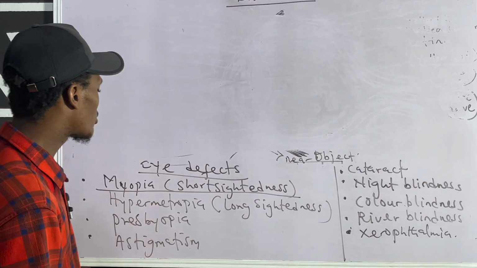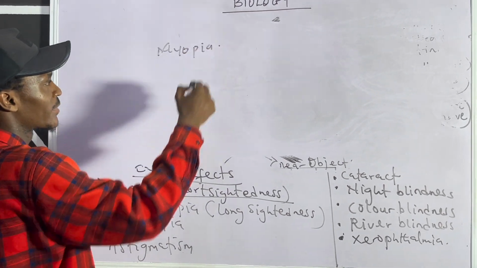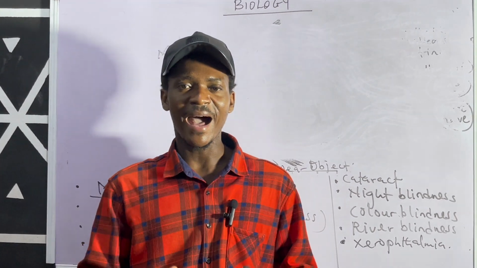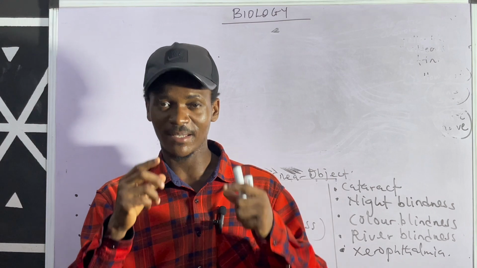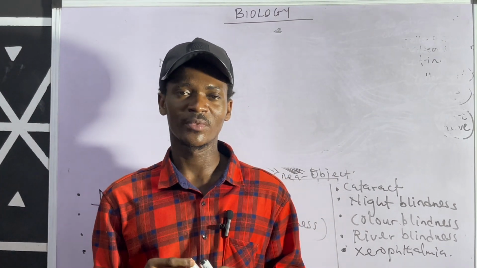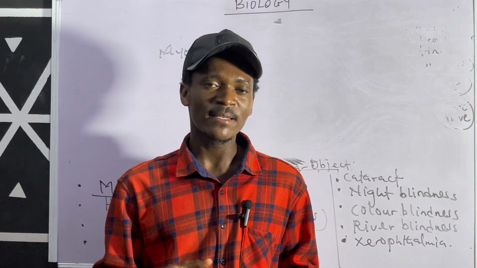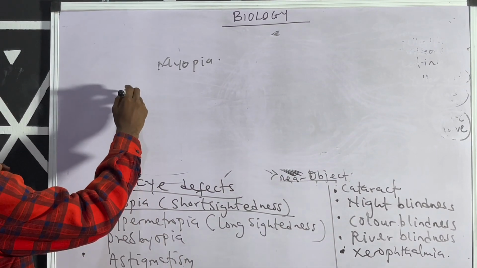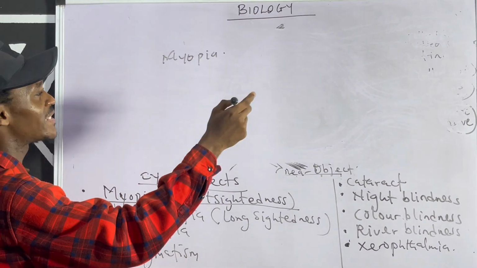And what can cause this myopia? Number one is when the eyeballs are longer than normal. That's one way that can result in short-sightedness. Another way is when parallel rays of light from distant objects or far objects focus in front of the retina.